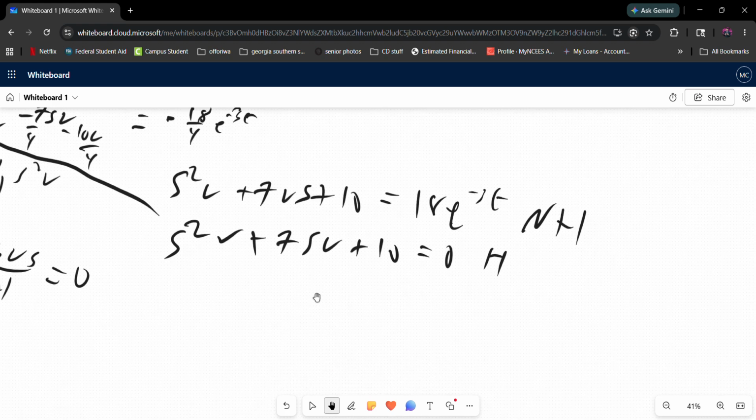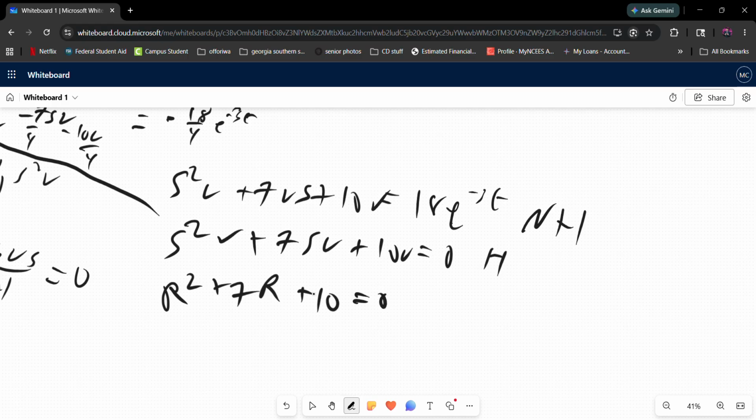Now I like to use R for my characteristic variable, so we write the characteristic equation. We end up with R squared plus 7R plus 10 equals 0.